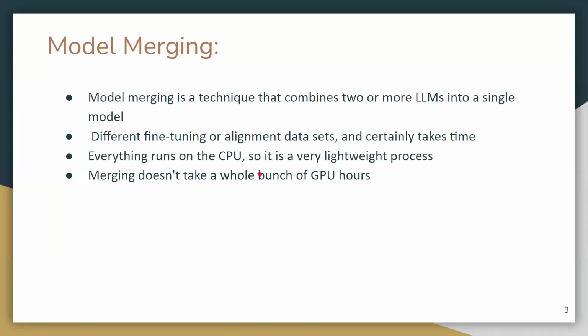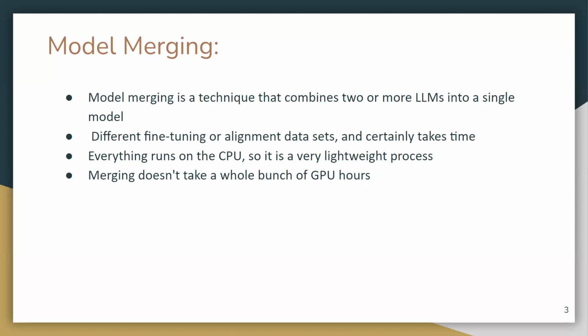So as we know, trying to build the one great model that works best for a particular use case is not very easy. It takes time, it takes many iterations, probably many different fine tuning or alignment datasets, and certainly it takes compute and energy also. So we keep trying to improve the model, so it's quite a bit of effort.